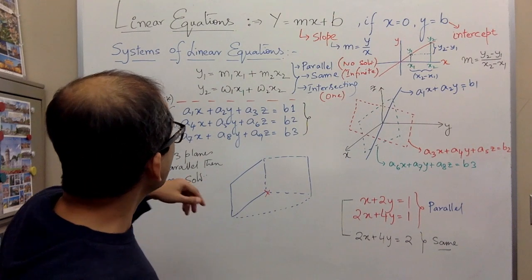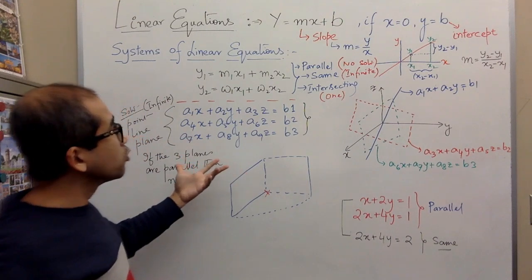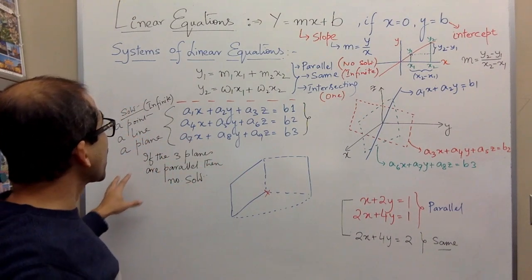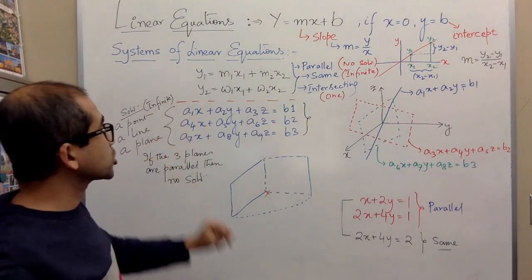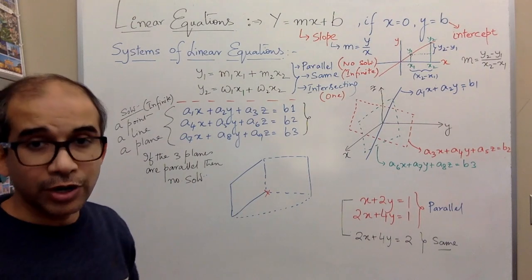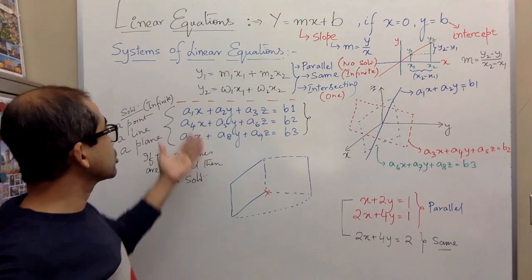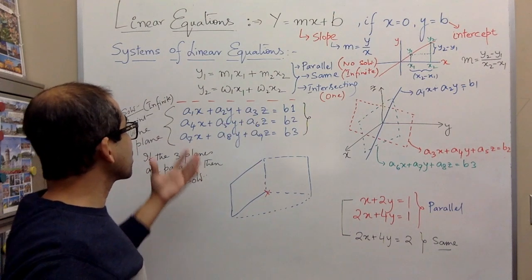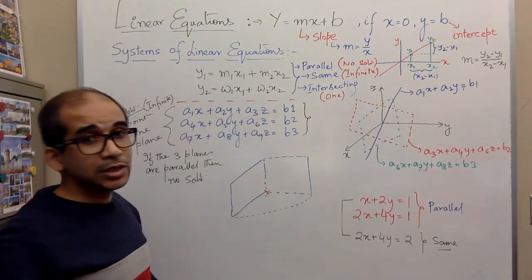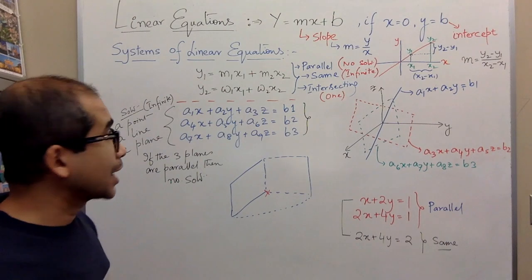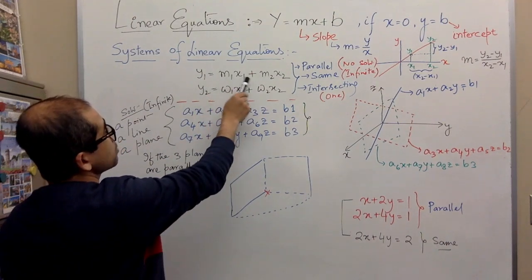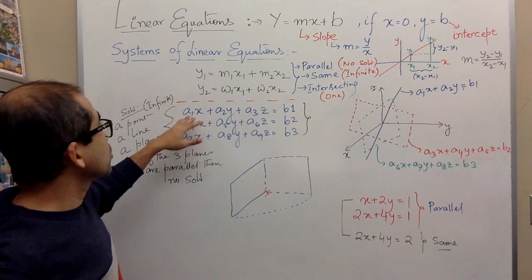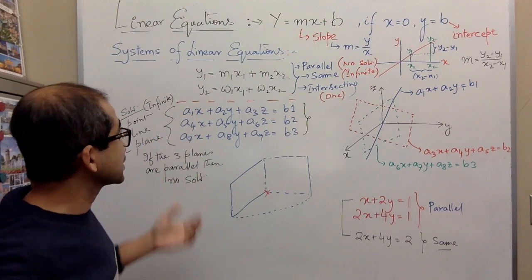Now let's move on one more level, where we are dealing with three equations involving three variables. When there are three variables like x, y, and z, this represents a plane, not a line. The one with two variables was representing a line, but this one with three variables will represent a plane.